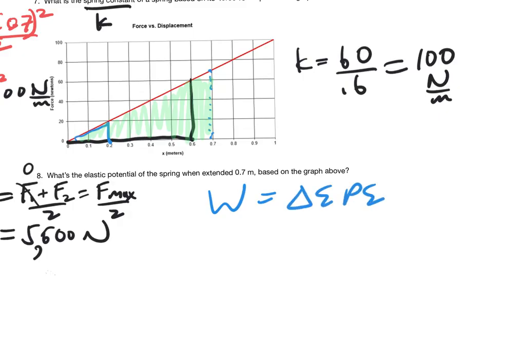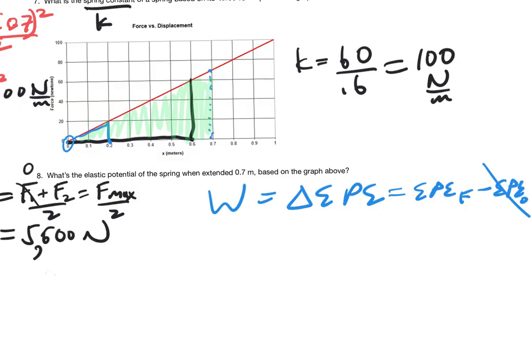I'm assuming it started from rest, so the change in EPE is EPE final minus EPE original, but I don't have any original force at the beginning, with no force or displacement to the spring.